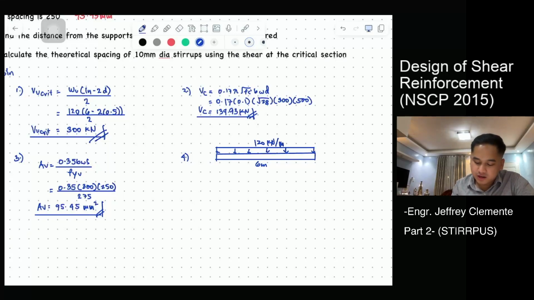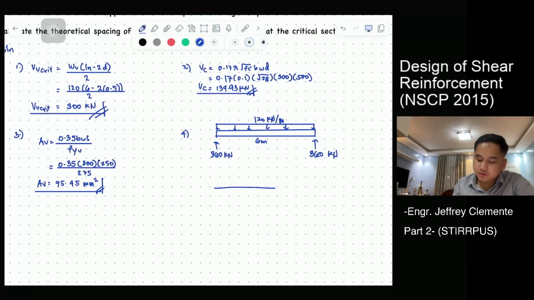So, we get the shear diagram. Ay, reaction muna first. Anong reaction dito? So, get this. This is 120 times 6 divided by 2. So, that is 360 kilonewton. Okay, statics lang to ha. Dapat alam nyo na to.